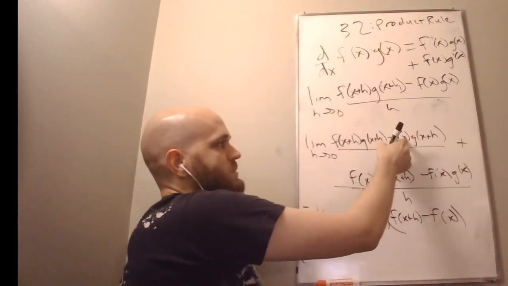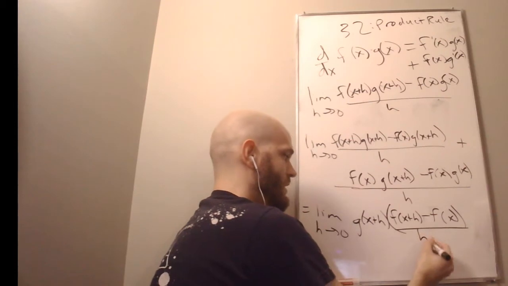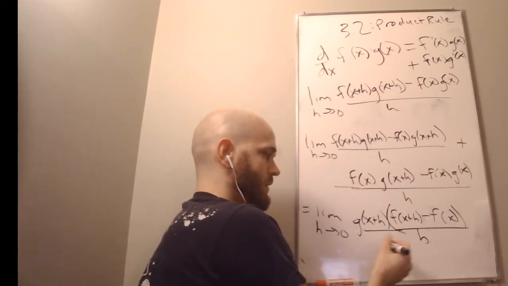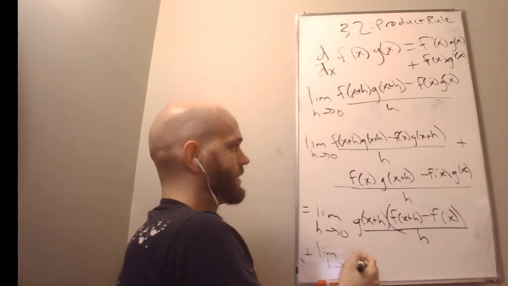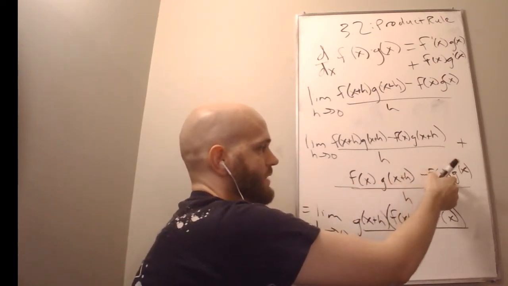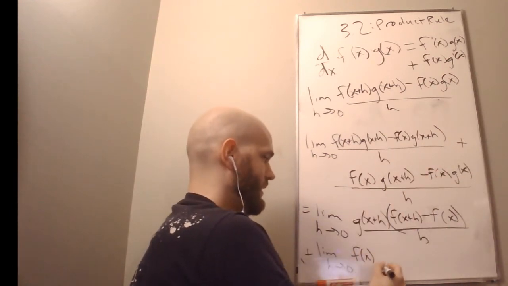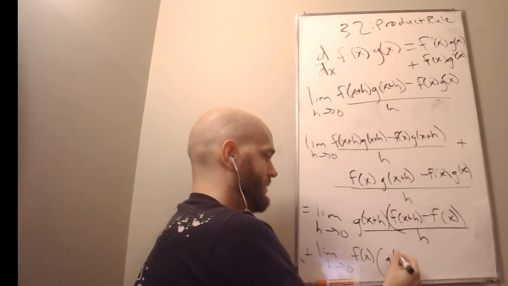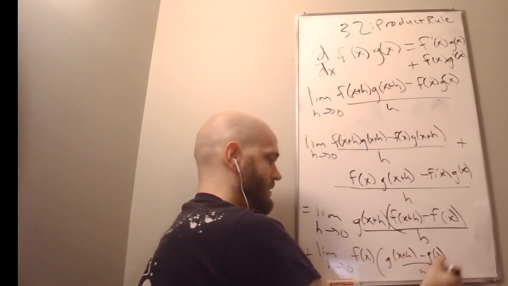F of x plus h minus f of x, both multiplied by g of x plus h, all over h, plus the limit as h goes to 0 of f of x, g of x plus h minus f of x, g of x. So the common thing here is now the f of x. So I'll pull the f of x out, and I'll get g of x plus h minus g of x over h.